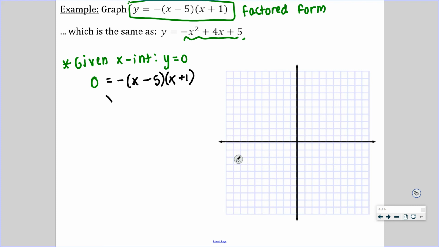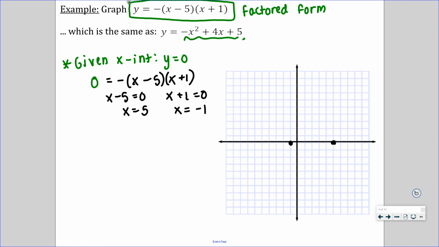But normally if we were to solve this, we'd set each factor equal to 0. So we get x-intercepts of 5 and negative 1. Boom. We already have 2 points on our parabola, even though it's not our vertex. It's still pretty important points. 99% of the time when we're in vertex form, we find the x-intercepts anyways. So here's what you're given in that factored form.